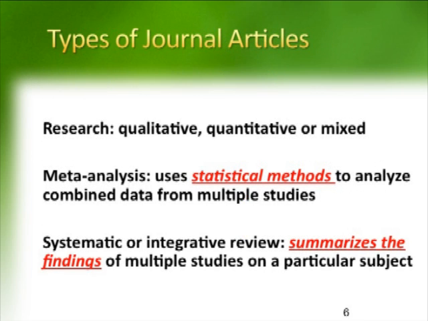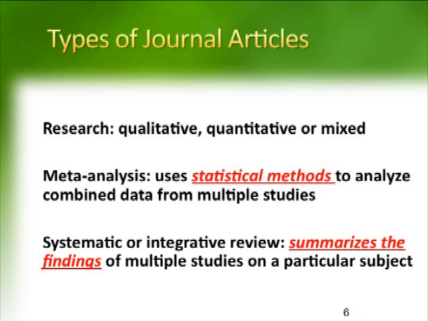Types of journal articles. Now, there are several types of journal articles. Ones that we're going to be interested in looking at in this course are research articles, which can be qualitative, quantitative, or mixed, and they are generally just one study.